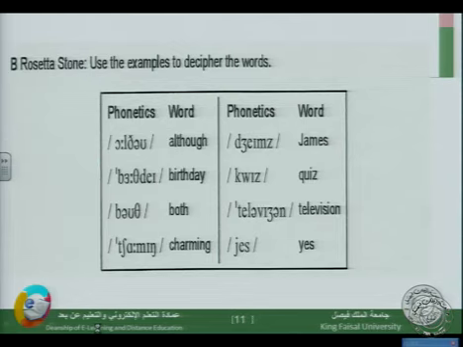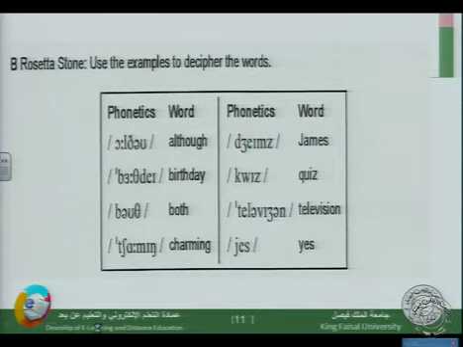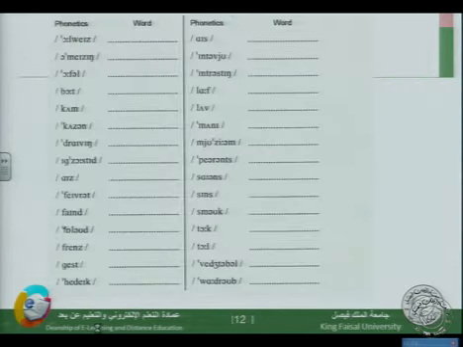Here we have more examples, more transcriptions. And here I'm asking you just to do it as we have just done. For example, the first one, always. ركزوا دائما على الفاولز.